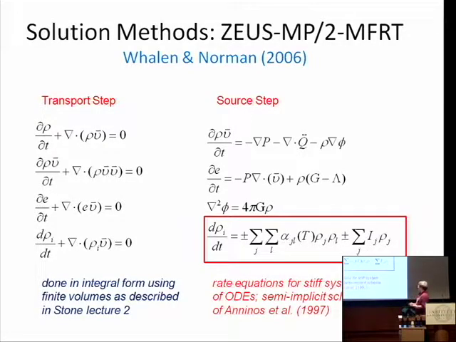The only thing that's new here is this bit here, and you can solve this using your favorite ODE solver. But what we've done is we've developed a backward Euler semi-implicit scheme for doing this quite efficiently.